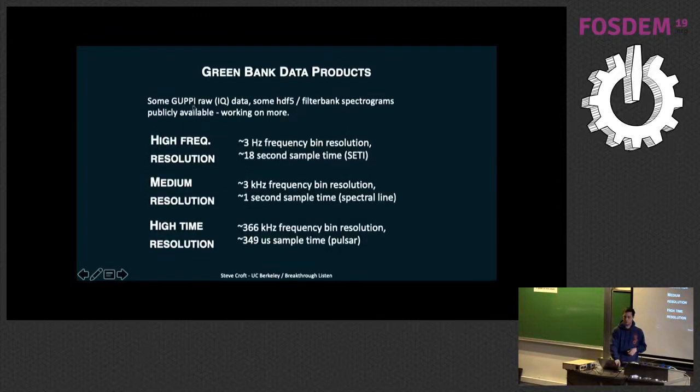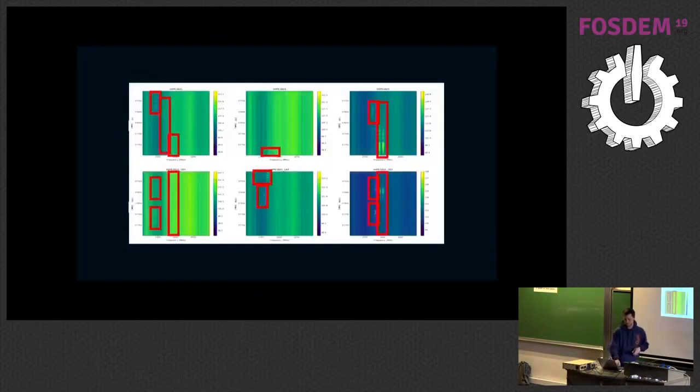In doing some background research, this guppy format is Green Bank specific. It's based on some other format, and then a lot of users of Green Bank have a slightly modified format of this guppy data. So it seems like SigMF may be useful to the radio astronomy community, but we'll see if it's widely adopted or not. So here they're trying to point out some signals that they see in the on and not off.